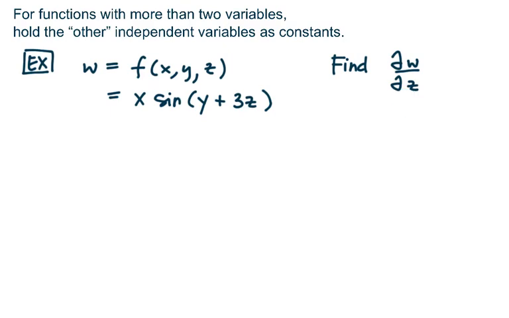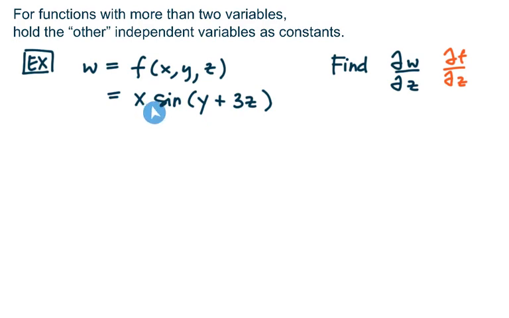So in this case, we're being asked to differentiate w partially with respect to z. And this could also be written as the partial of f with respect to z, because f means the function w, right? That means the same thing, it's just a different notation. So I just wanted to point that out.